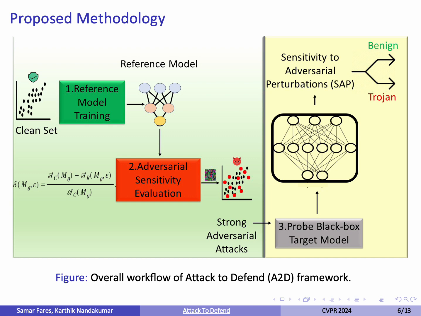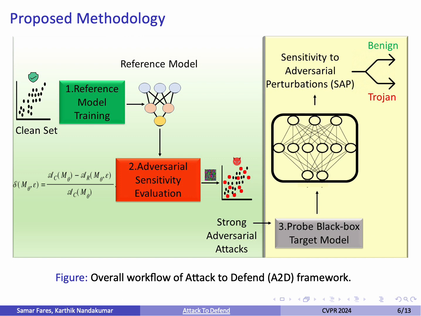Then the defender can probe the target model using input samples from the clean and the adversarial sets obtained from the previous step, and calculates the clean and robust accuracy values of the target model. Based on these accuracies, the defender can estimate if the target model is poisoned or benign.